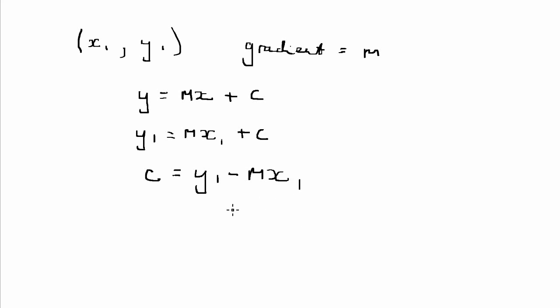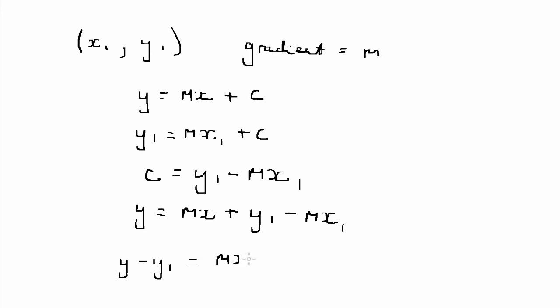Well, let's go and pop that back into the original equation we had then. That means that y is mx plus c, which is this thing, y1 subtract mx1. Well, let's move this y1 over to the other side. Subtract it from both sides. That will give us y subtract y1. What's left on this side?